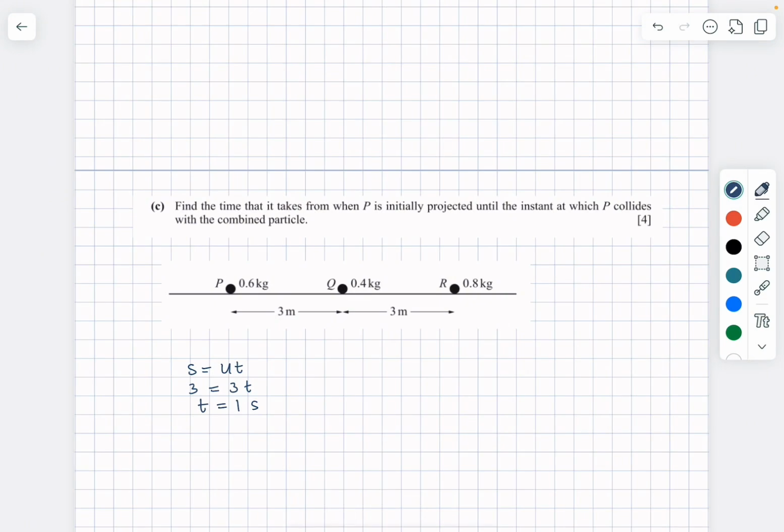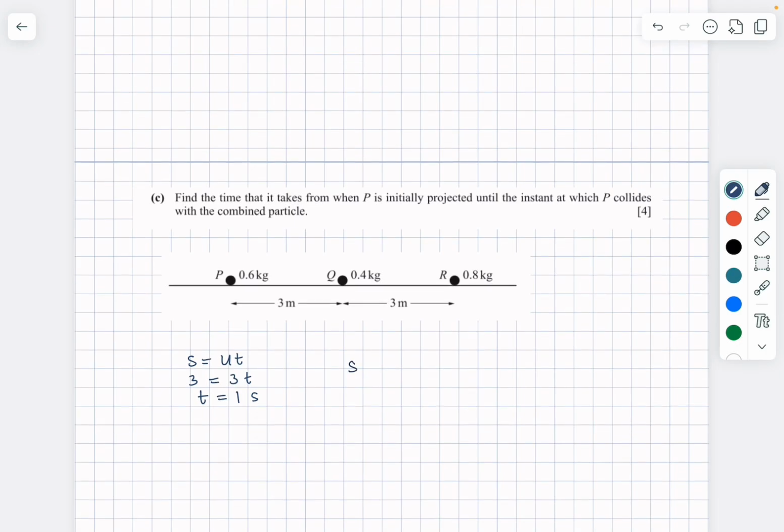After that, find the time taken for Q to reach R. 3 equals 2.25t, so t is 4/3 seconds. When Q reaches R, we find the distance traveled by P after the first collision.